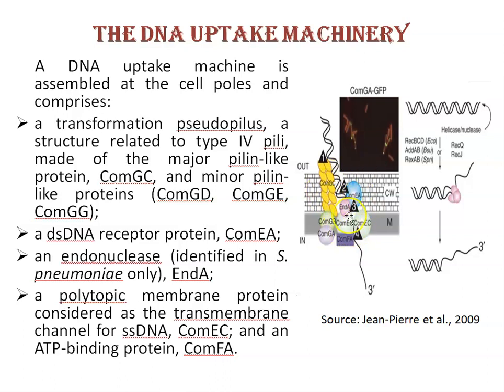Here you can see a single-stranded DNA receptor protein, ComEA, then an endonuclease, EndA, identified in Streptococcus pneumoniae only, here in pink color. Then a polytopic membrane protein considered as a transmembrane channel for single-stranded DNA, ComEC, and an ATP binding protein, ComFA, here.